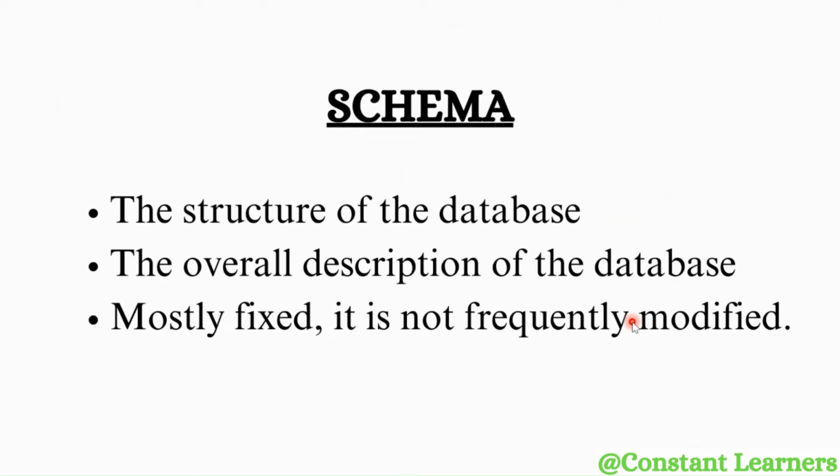That is, it is not frequently modified. Schema is the structure of the database. It is the overall description of the database, and it is mostly fixed. That is, it is not frequently modified.